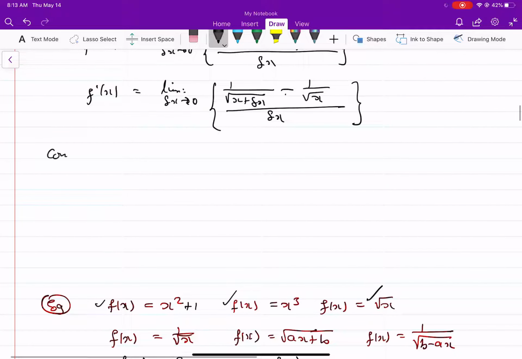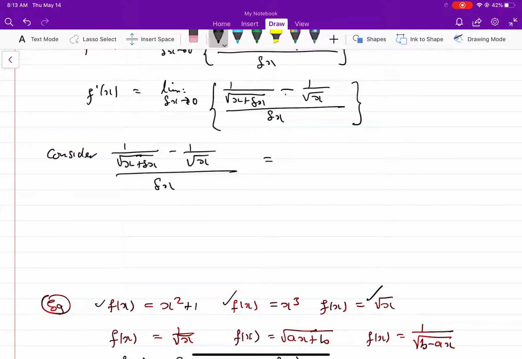Consider 1 upon the root of x plus delta x minus 1 upon root x all upon delta x, which is equal to, in my numerator, I'll have an LCM of the root of x plus delta x times root x. I'll have root x there minus the root of x plus delta x.